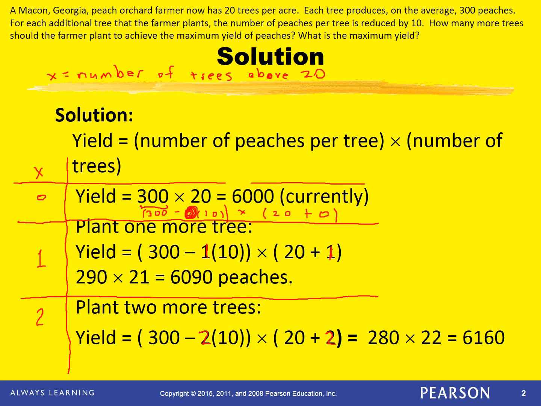And so we can see the pattern now. When x was 0, we had a 0 and a 0.